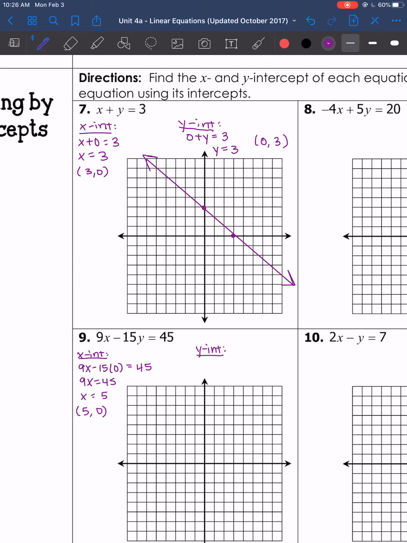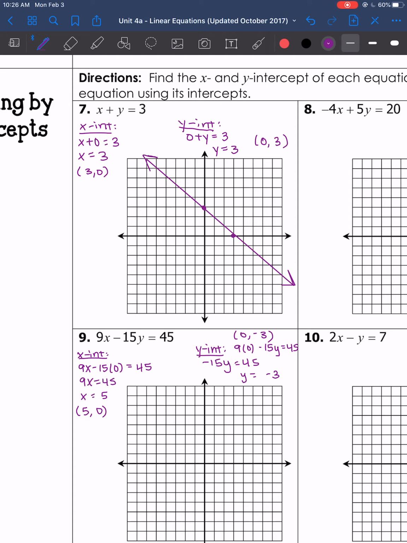And then for the y-intercept, you're going to plug in 0 for x. So 9 times 0 minus 15y equals 45. So negative 15y equals 45. Dividing by negative 15, you get negative 3, which is the point 0, negative 3.